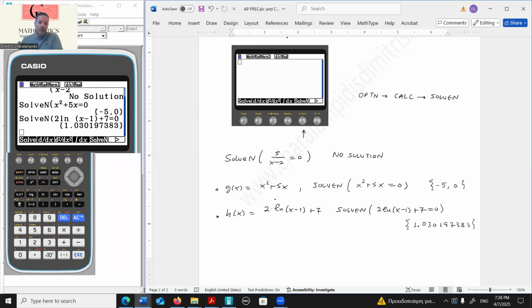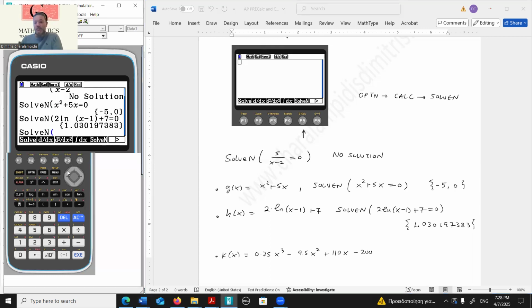Let's move on to another one. K of x is equal to 0.25 x cubed minus 9.5 x squared plus 110x minus 200. No problem at all.